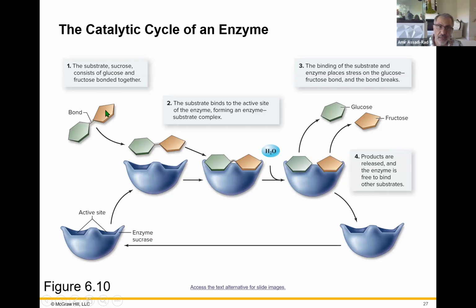So the sucrose, the sugar that you put in your coffee this morning, sits on the enzyme sucrase. And of course it's a disaccharide, exam number 1 material. With the help of water, it breaks down to glucose and fructose.